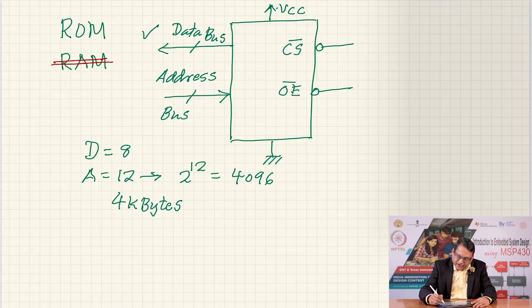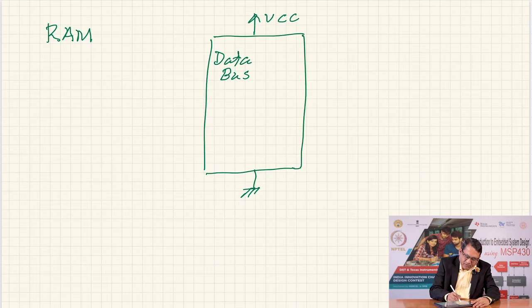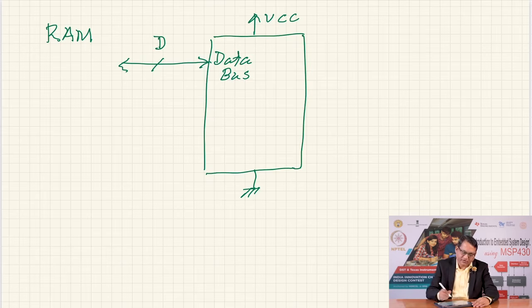Similarly, the way the RAM works is, for a RAM device, we have almost identical configuration except one more extra line. So, we have the VCC here, we have the ground, the data bus. Now, because it is a RAM, meaning you can read as well as write data, the data bus is bidirectional, and again it may have a certain number of bits. Let's call them D number of bits.